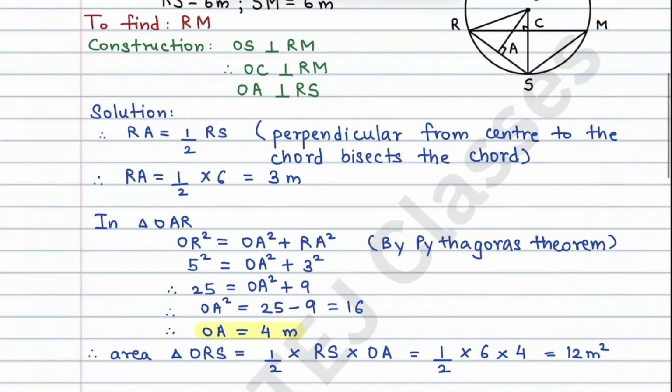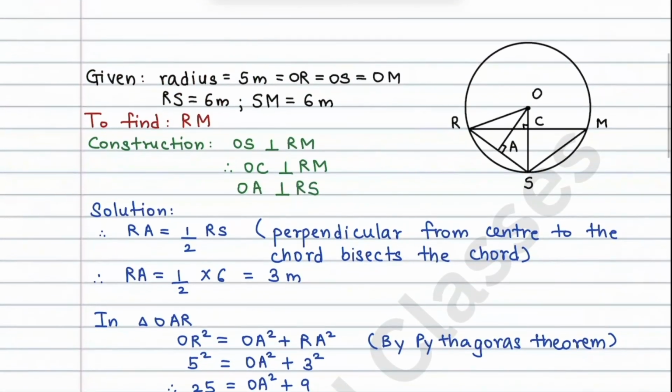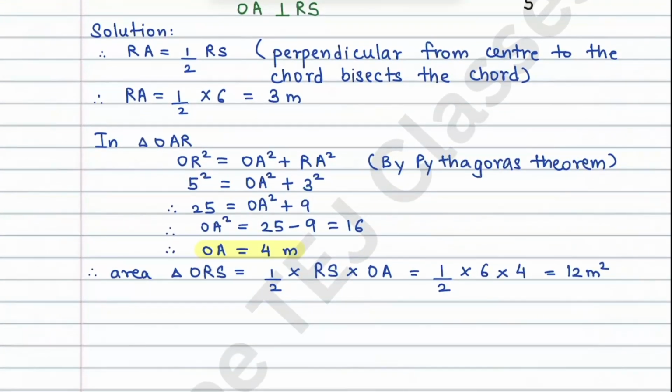But do we have any other way to find the area? We can also consider OS as the base and RC as the height, because OC is perpendicular to RM. So this angle is also 90 degree. So area triangle ORS can also be written as half into base OS multiplied by height RC.